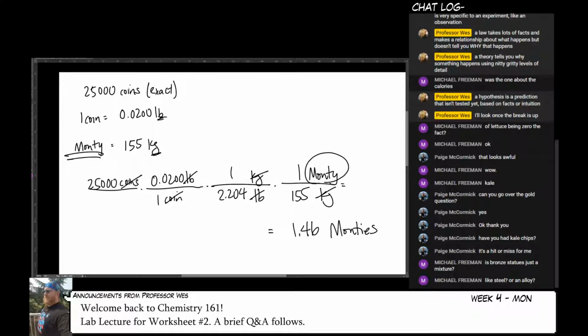If it's not there, it's not an element, and therefore is most likely a mixture. And two, you can always just type into Google, what is bronze made of? And they'll tell you. So common alloys are steel, bronze, brass. Electrum is silver and gold. Pewter, I believe, is a mixture of.